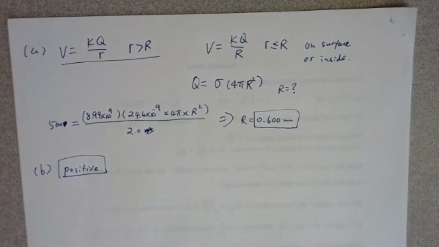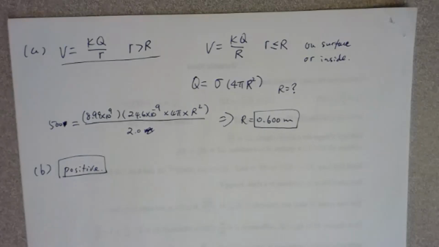We can just solve the problem using the voltage here. But you can also use the electric field. I think you can do that. So E field is KQ over r squared. So from the equation, you should be able to get the same answer, unless the two numbers, 500 volts and 250, contradict each other. Okay.